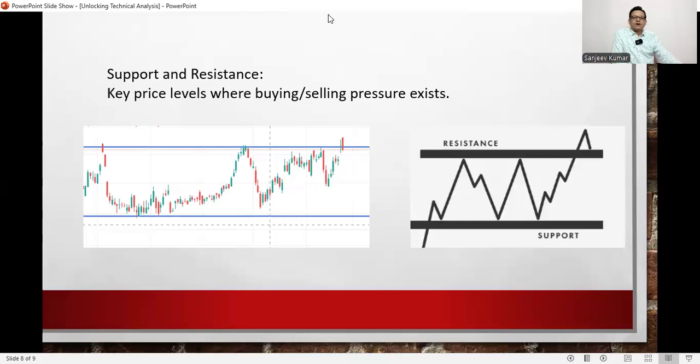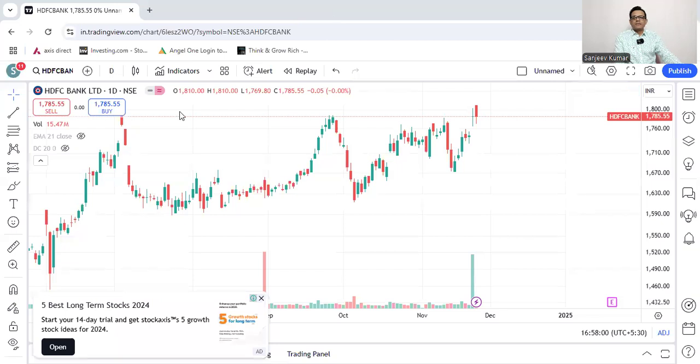Just go to the TradingView website and you will understand more. This is HDFC. One minute, I'm just sharing the TradingView website. Yes, you can see here.